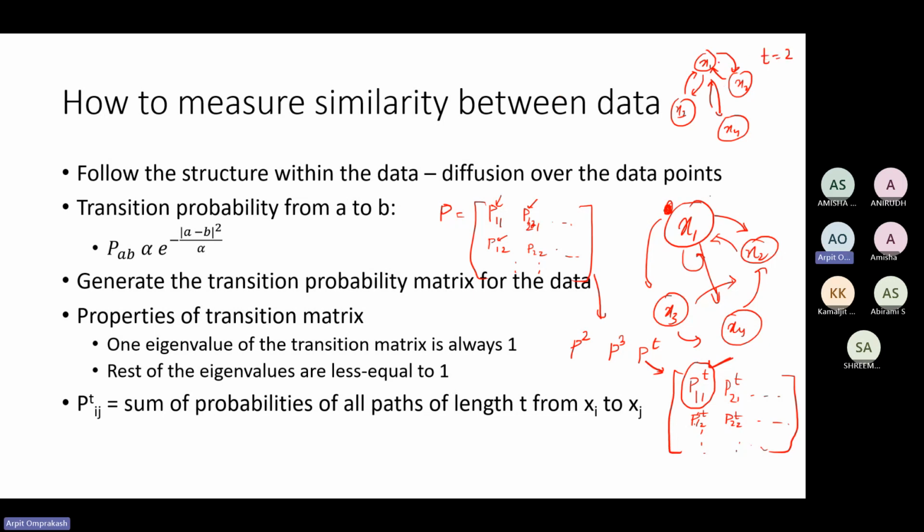If I have t equal to 3, then x1 can go to x2, it can go to x4, then come to x1. So that might be one of the paths. Another will be x1 to x2, then x3, then x1. That will be another, and so on. So we'll have the sum of the probability of all these paths in the P^t matrix. Okay.